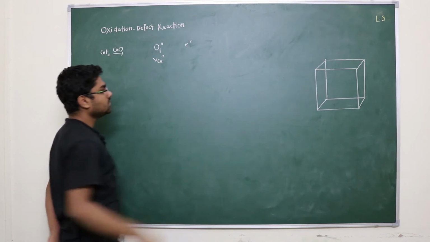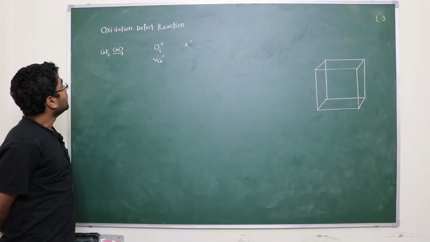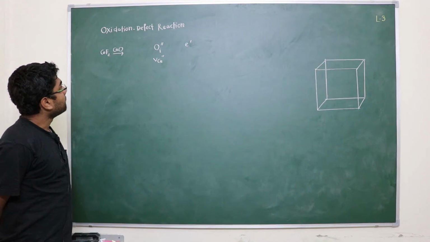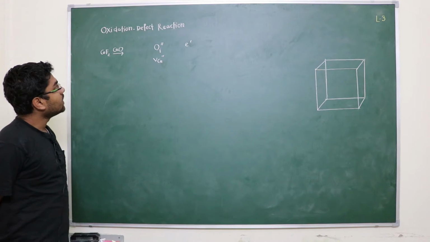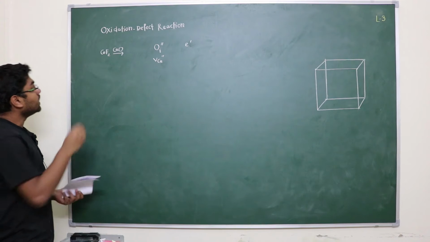So electrons are involved to balance the overall reaction. So that's why the defect reaction was called oxidation defect reaction.